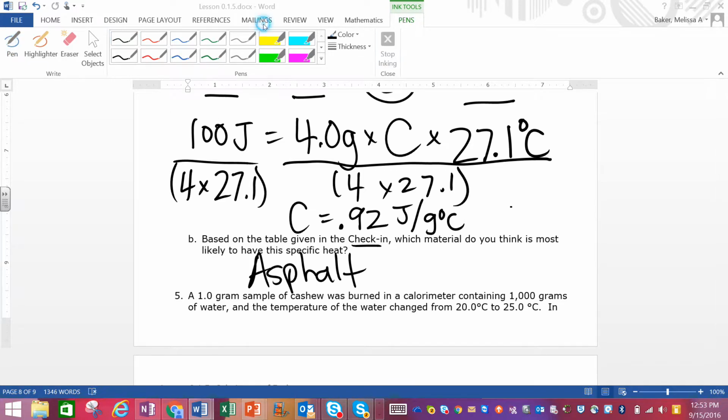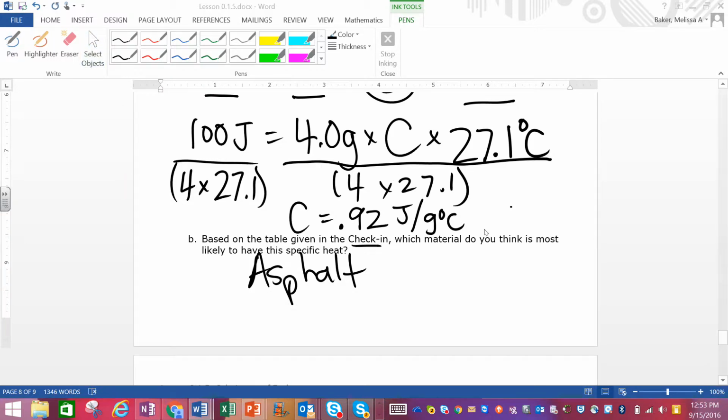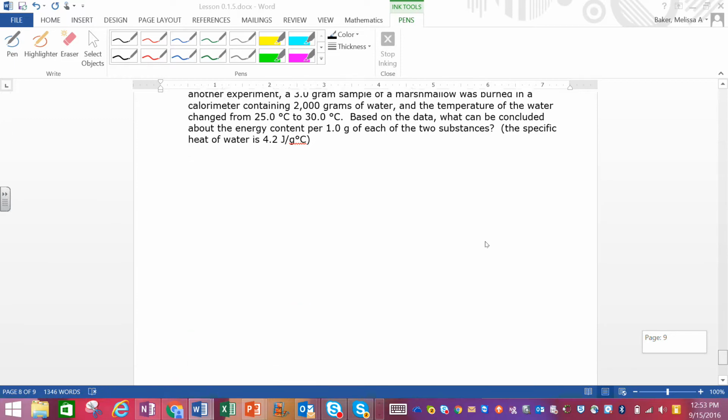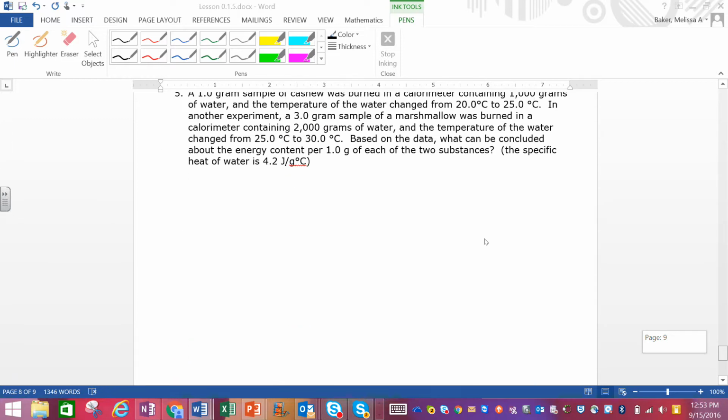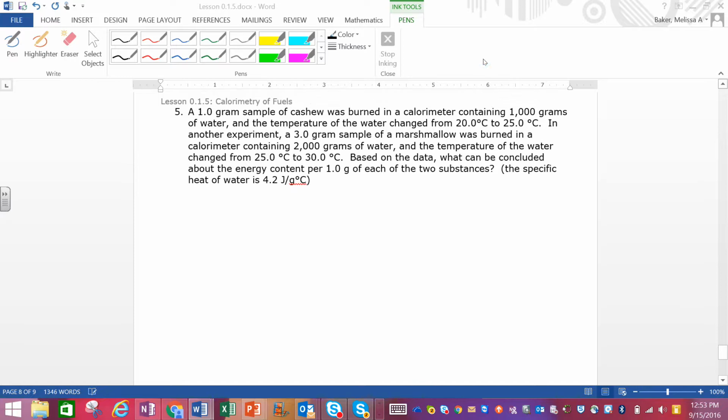All right. Last question is about burning a cashew versus burning a marshmallow. It says we've got a 1 gram sample of cashew burned in a calorimeter that has 1,000 grams of water.